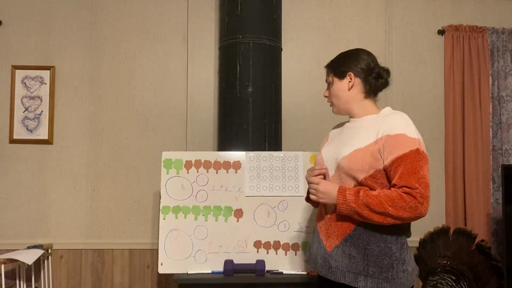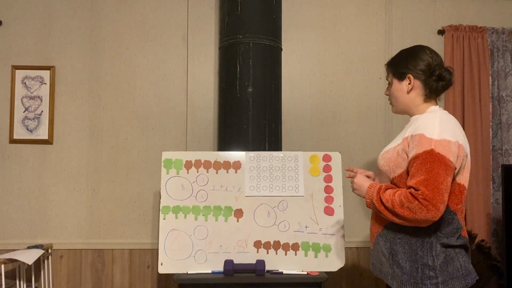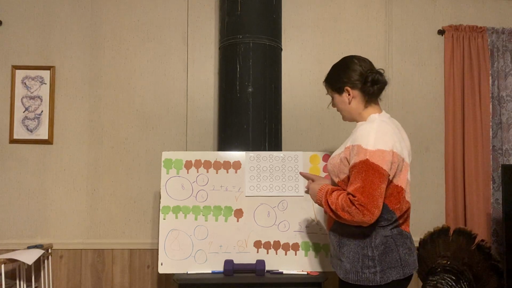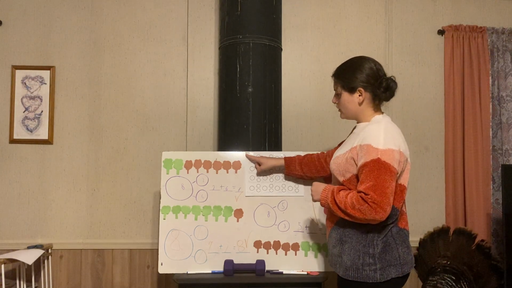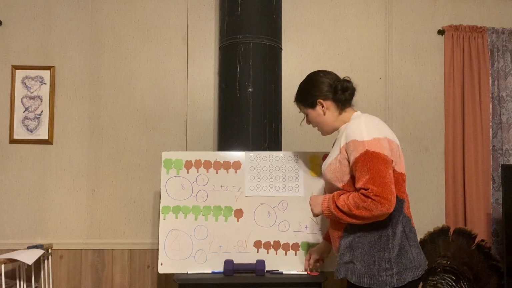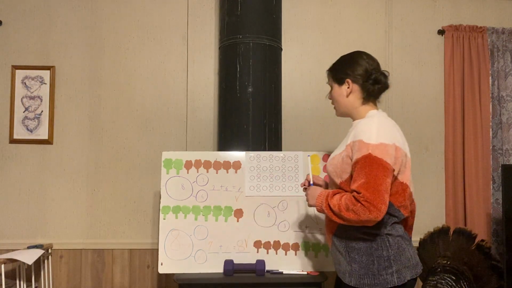Now that we are done with our papers, I'm going to show you our homework tonight. So our homework page looks like this here, and the first thing you'll do is write your name for me, and then work on your homework page.